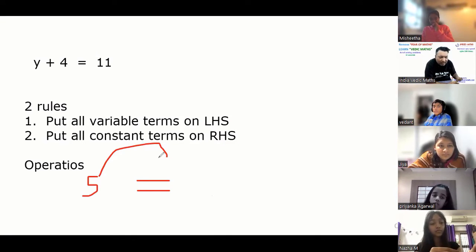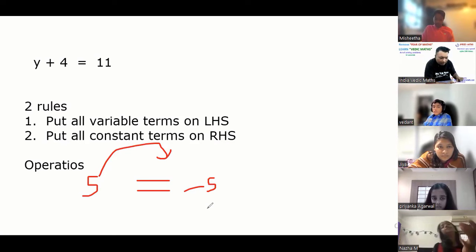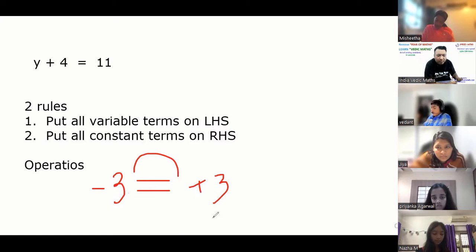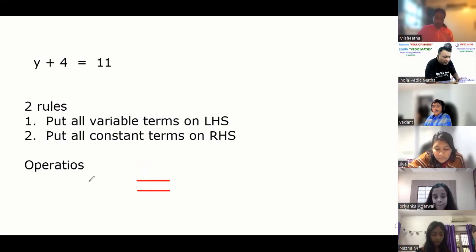To take 5 to this side, it becomes negative 5. If negative 3 is there, to take it this side, it becomes positive. These are all the basic things you should know. Suppose it is 5 times y, a multiplication here, right?